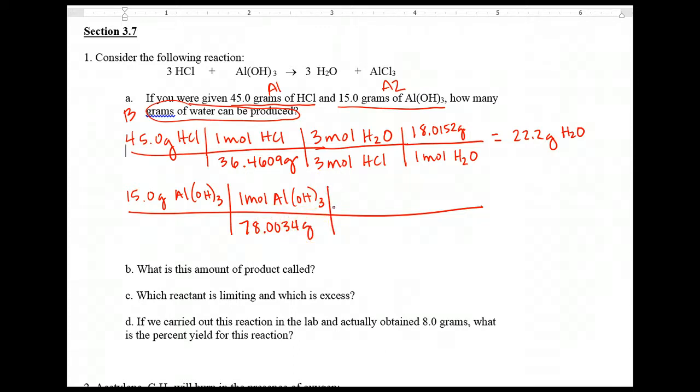This time around, our mole-to-mole ratio is not going to be 3 to 3. The water on the top in the numerator will still have a 3 because of its coefficient, but for aluminum hydroxide, there's only 1 mole. So instead of 3 to 3, our mole-to-mole ratio will be 3 to 1. So 3 moles of water for every 1 mole of aluminum hydroxide.